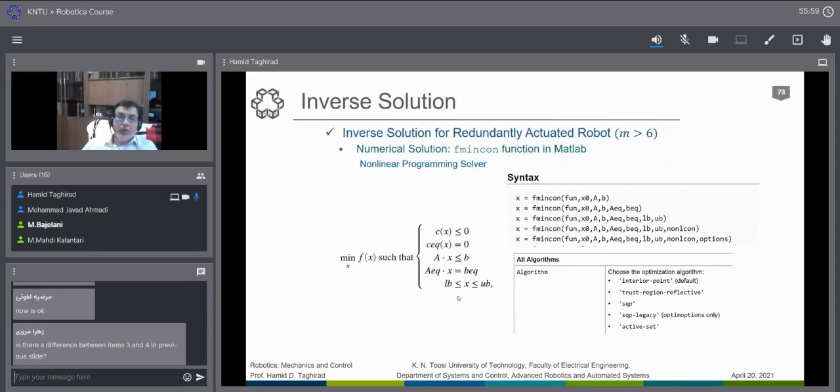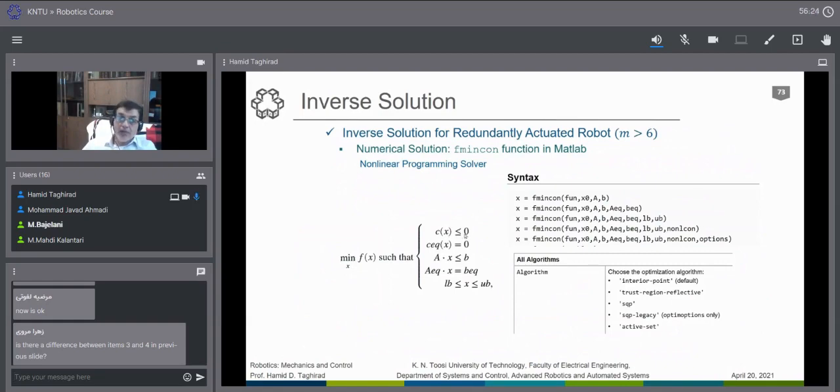Basically, to minimize f(x), a function of x. This x could be q dot, or both of them, or chi dot, both of them. It could be in task space or in joint space, such that we have inequality, non-equality constraint, Cx smaller than 0.